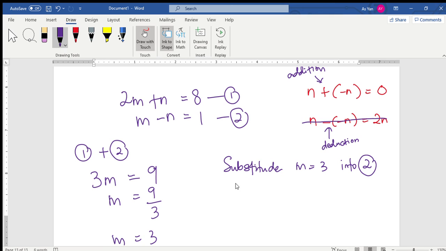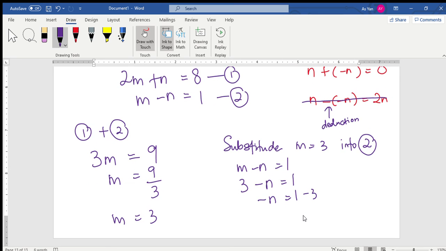So m minus n equals 1, the second equation. m equals 3, so 3 minus n equals 1. Negative n equals 1, and 3 brought to the right side becomes minus 3. So negative n equals negative 2, which means n equals 2.